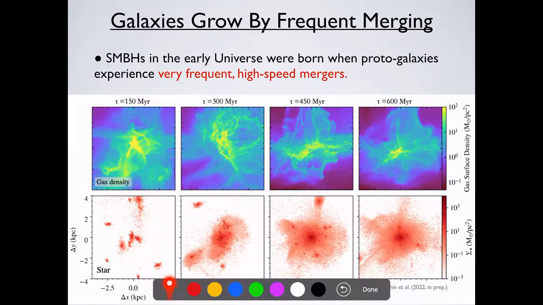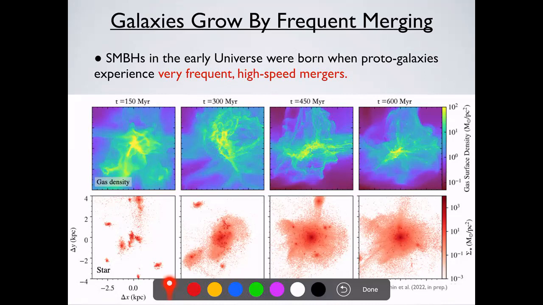The merging speed, the approaching speed was really high because it's a high Z universe, and the structure formation in the universe has always been bottom up. Small structures form first, and then they merge to form larger and larger structures.